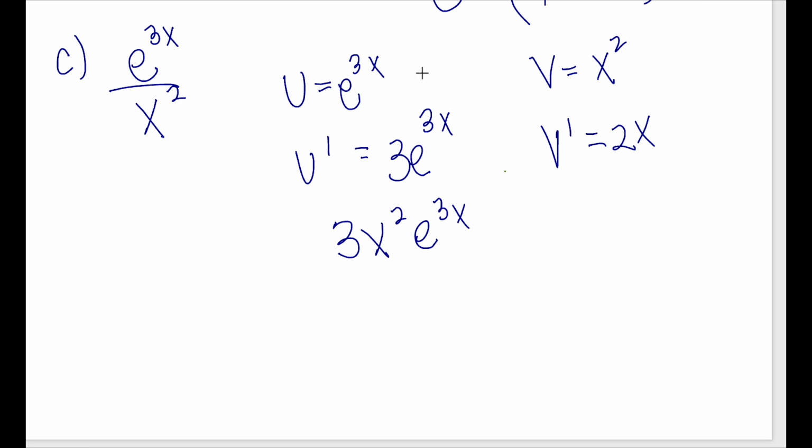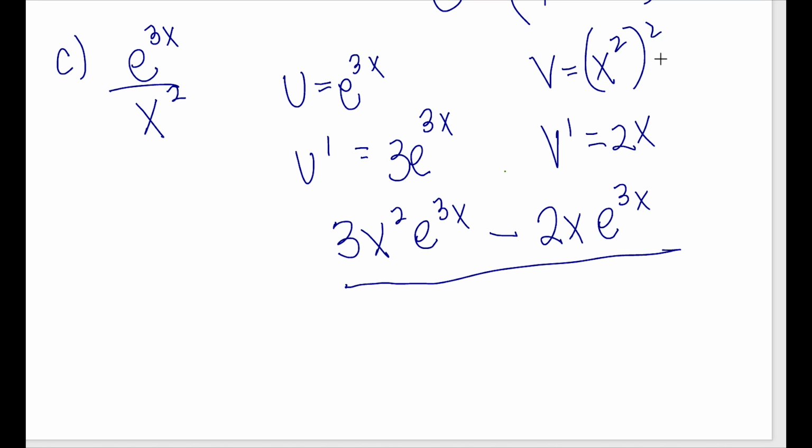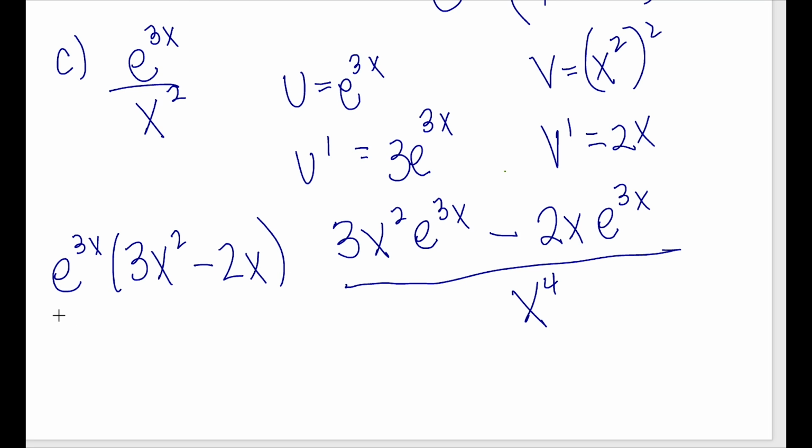minus u times v prime, minus 2x times e to the 3x, and that's all over v squared, which is x to the 4th. So let's simplify. I'll take out my common term, e to the 3x times 3x squared minus 2x over x to the 4th.